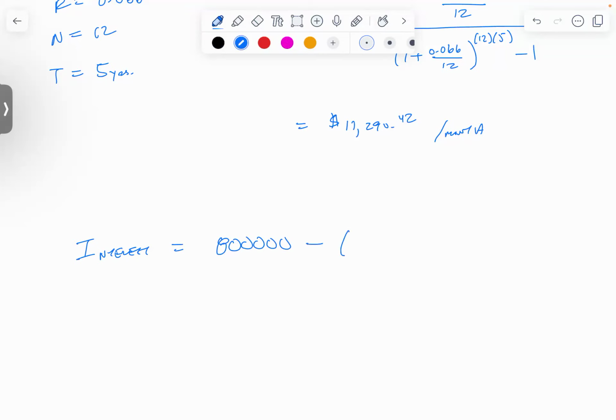Well, our payments, right, 11,290, that's how much we were paying every month. And how many months did we have in the 5 years? 60 months, yeah. It was 12 times 5. I was blanking there for a minute.